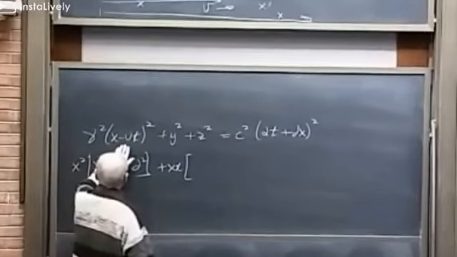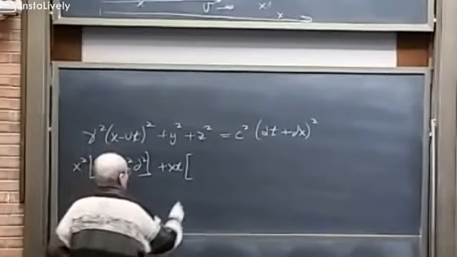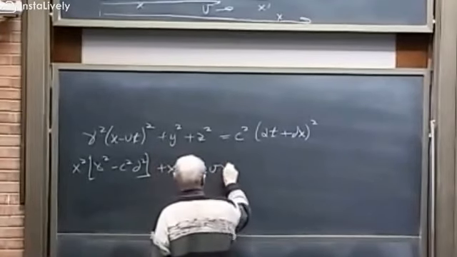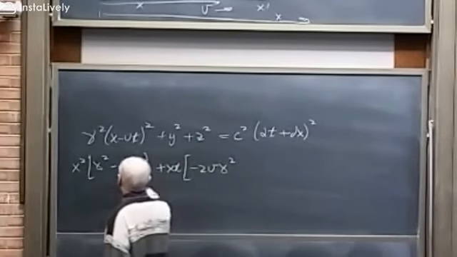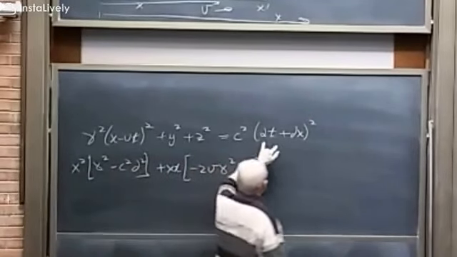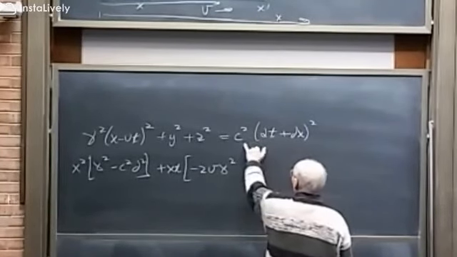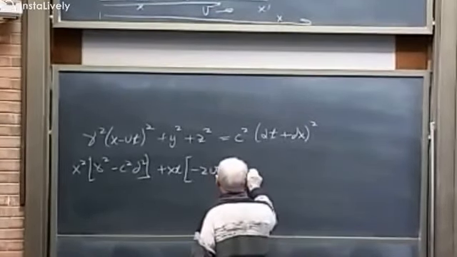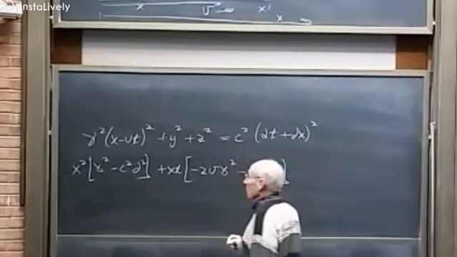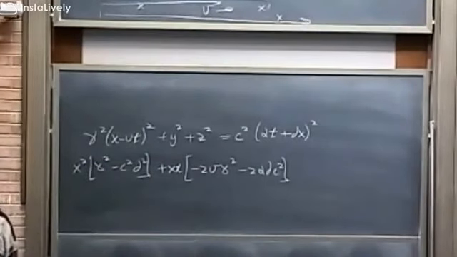Now here you will have minus 2b xt times gamma squared. That takes care of that one. Now here you will have plus 2 alpha delta c squared. Bring it to that side and it's minus 2 alpha delta c squared. So that takes care of the xt terms.